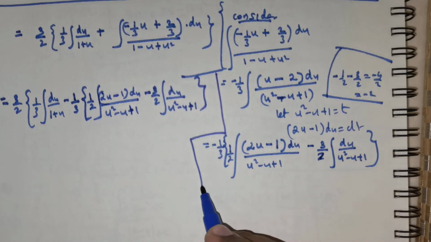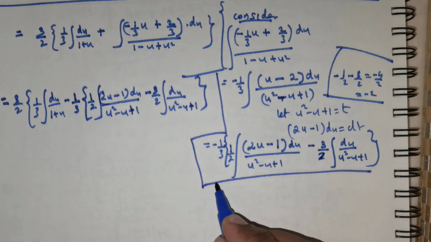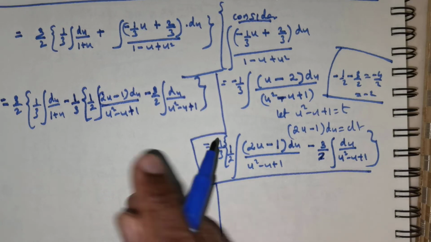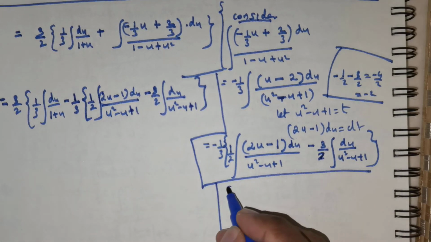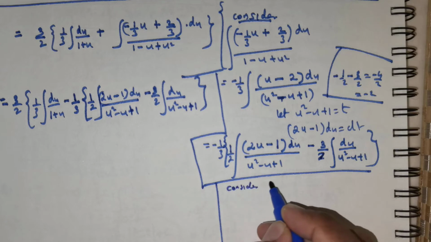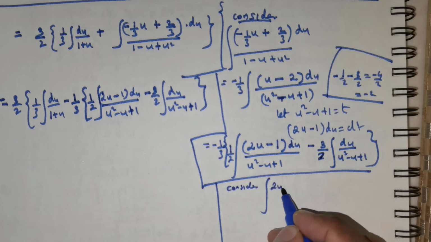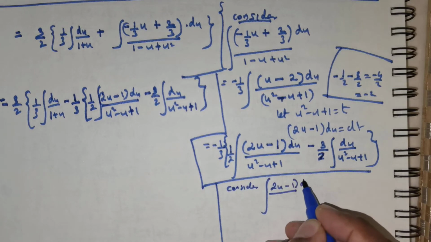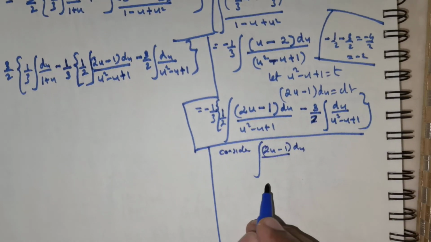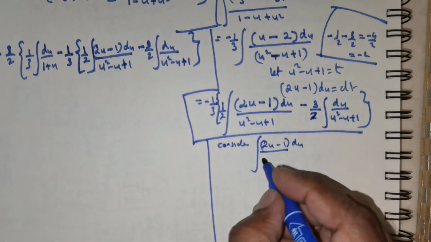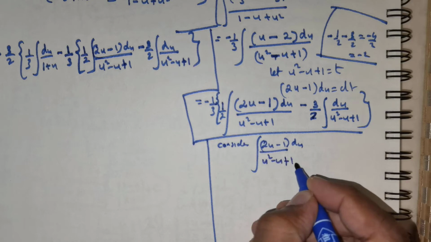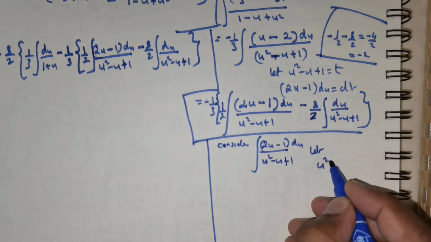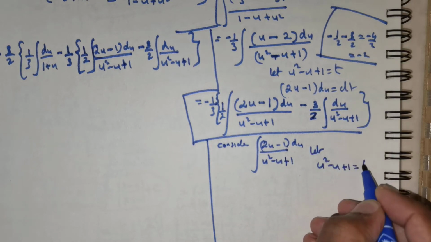So let me just integrate this part. Consider integral 2u negative 1 times du divided by u squared negative u positive 1. Let u squared negative u positive 1 be equal to some t.